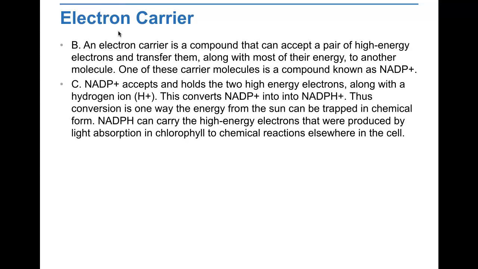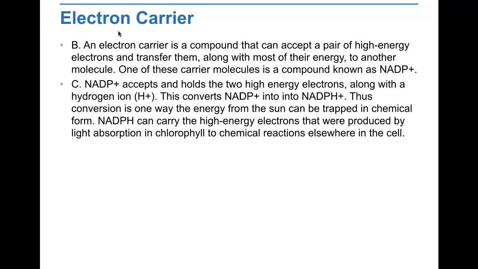NADP+ accepts and holds two high-energy electrons along with a hydrogen ion, H+. This then converts the NADP+ into NADPH. The conversion of NADP+ into NADPH is one way in which some of the energy of the sunlight can be trapped in chemical form.